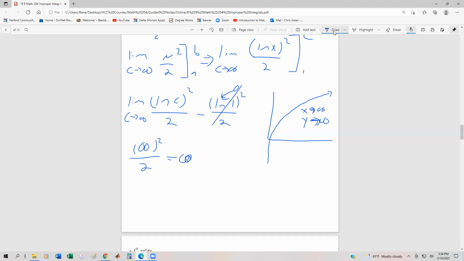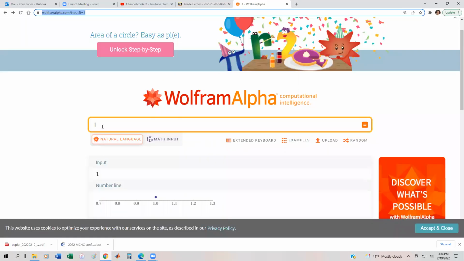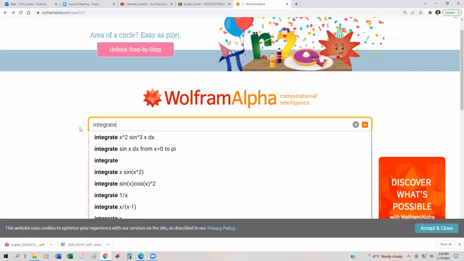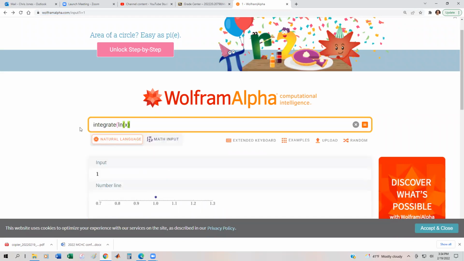So anytime you get an infinity or a negative infinity, that means that the integral diverges. To verify this, if you want to check in Wolfram Alpha, you would integrate the natural log of x divided by x as x goes from 1 to INF, if you're typing it in.